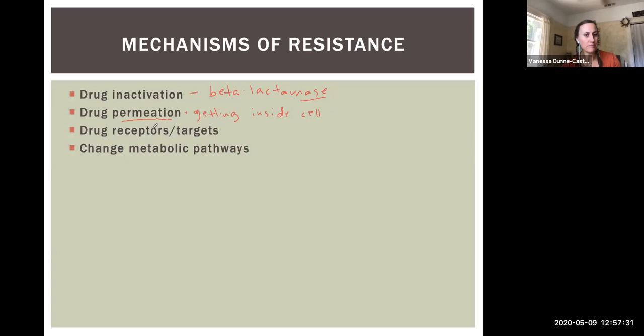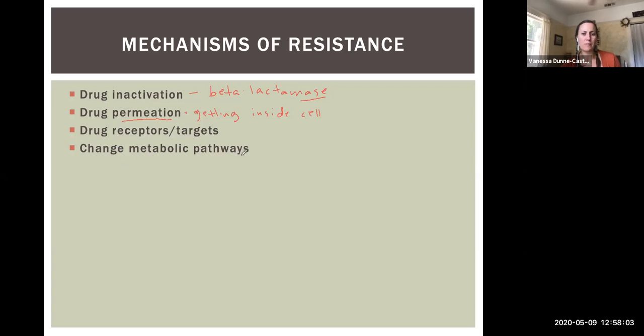Right? Drug receptors or drug targets, we already mentioned that one before. So mutations can alter the actual drug target itself, the enzyme that's being regulated by that antimicrobial drug, and that would lose sensitivity for that organism. And then again, that spontaneous mutation, even if it occurs in one organism, if that drug is in the population, then that mutation will be selected for, and therefore that mutation essentially can propagate in the population due to that selective pressure.